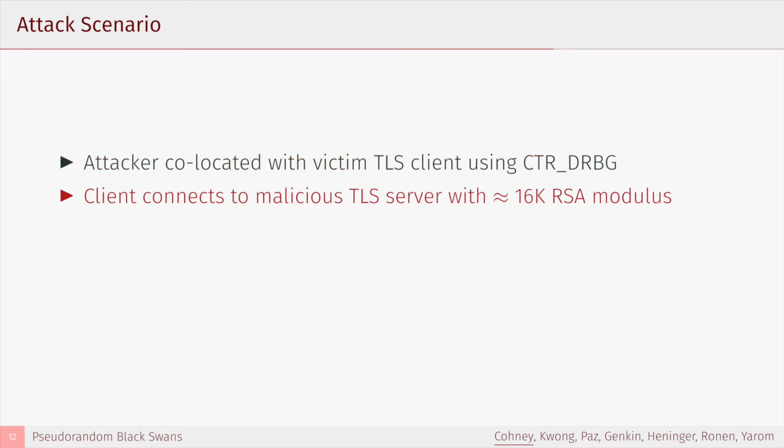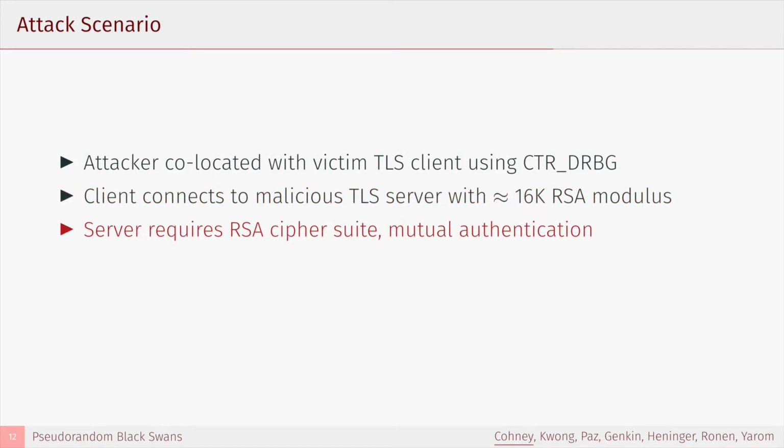The client must subsequently connect to the attacker's malicious TLS server, which will serve a 16K RSA modulus. This server requests that the client use an RSA cipher suite, and further requires that the client authenticates itself according to the TLS spec. Last, when the client does authenticate itself, it must do so by way of an ECDSA signature.